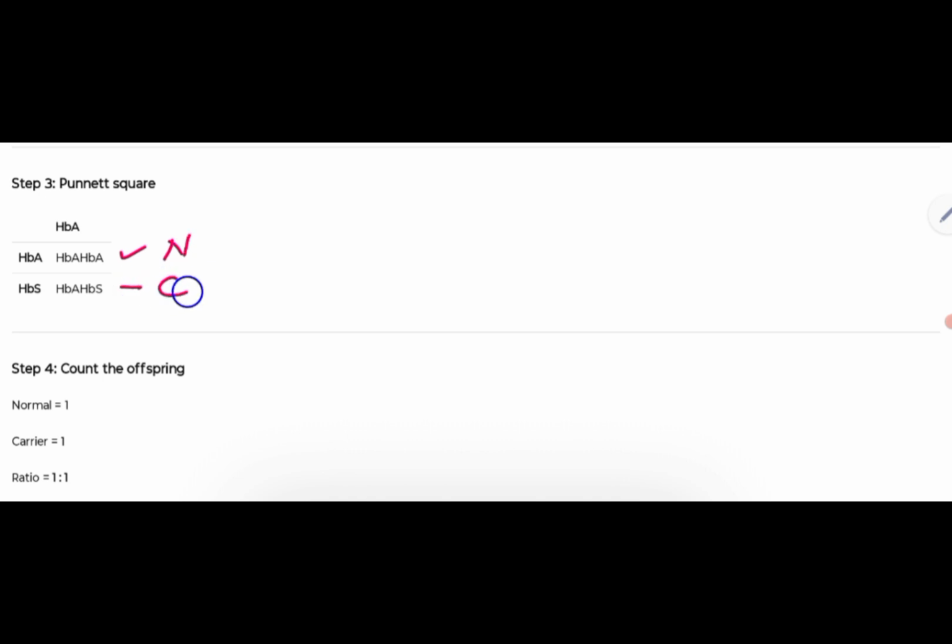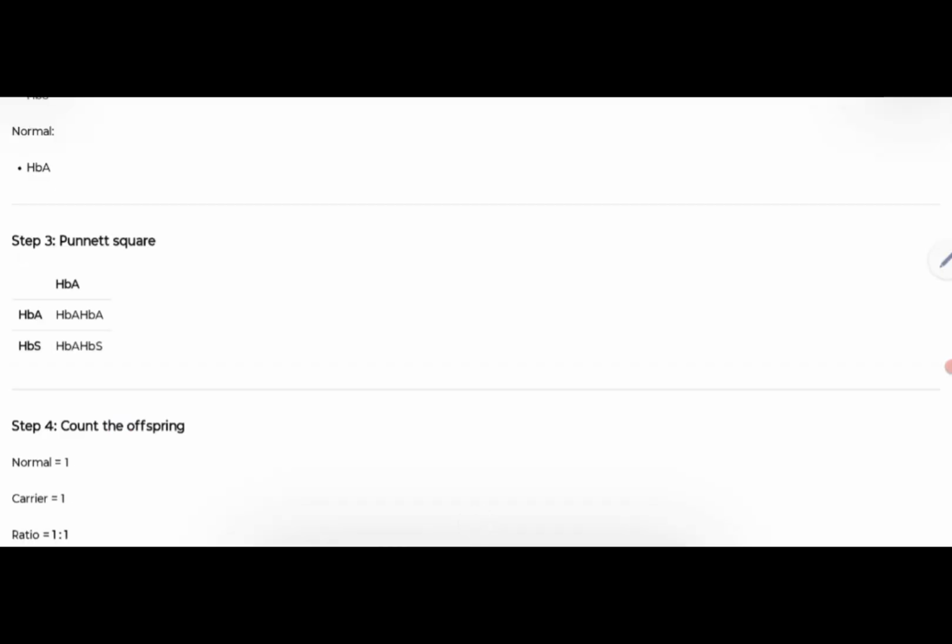So normal is 1 and carrier is 1, the ratio is 1:1, with 2 individuals in total and 1 carrier. So 1/2, that is 50%. The probability of carrier children is half into 100, that is 50%. So the answer is B.